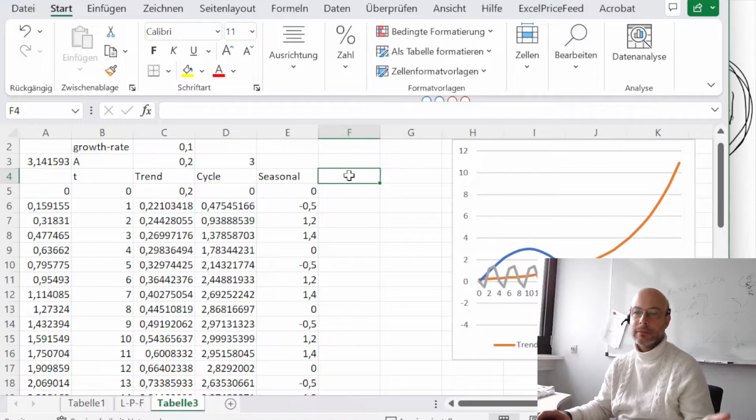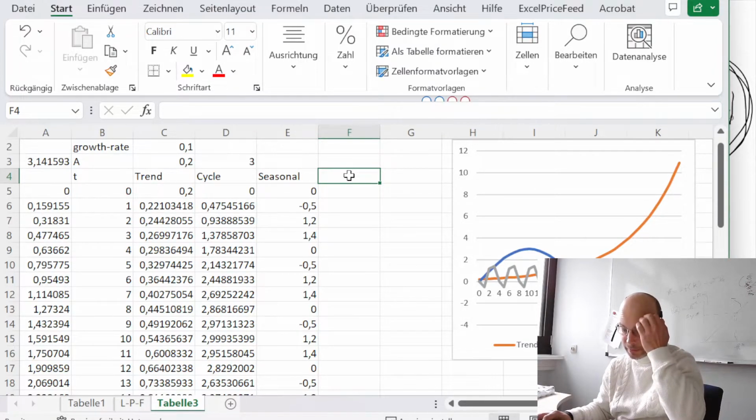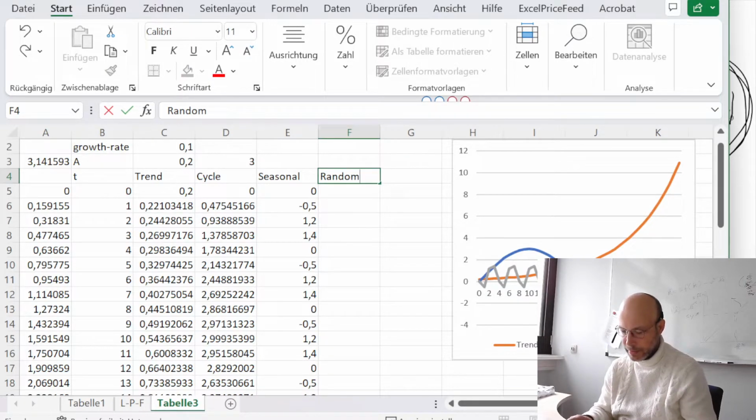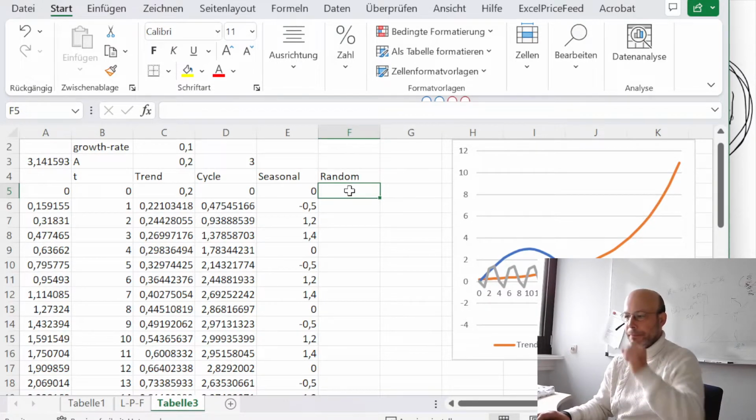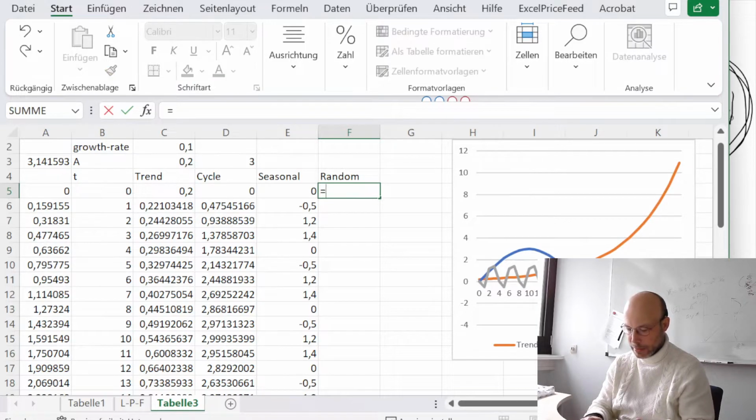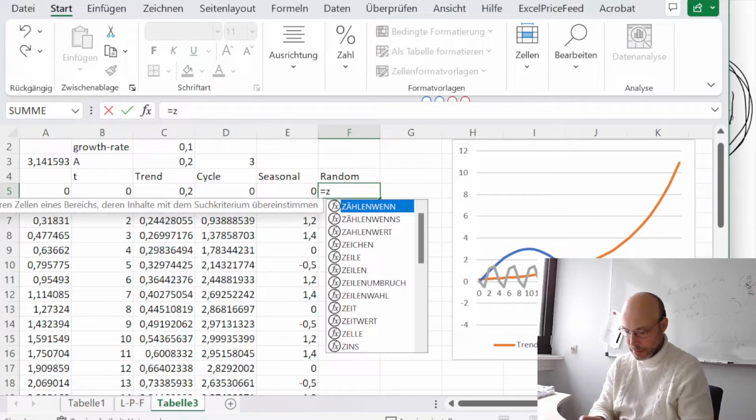Of course, we don't know what will happen in the future, and therefore we also have something like a random variable. For this, in your software package you quite often have some function which creates random data for you, and we have this also in Excel.